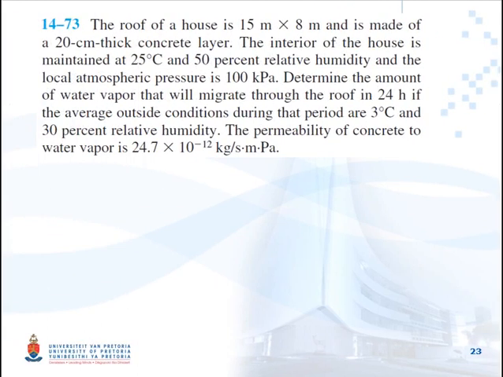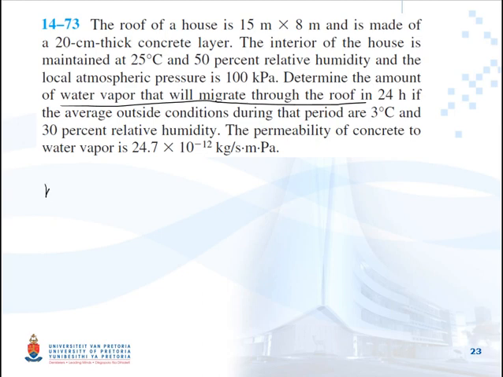Okay, let's start, because now we know how we can calculate the resistance of the vapor. We know how to calculate the resistance of the roof, so we are basically fine. We need to find the amount of water vapor that will migrate through the roof.